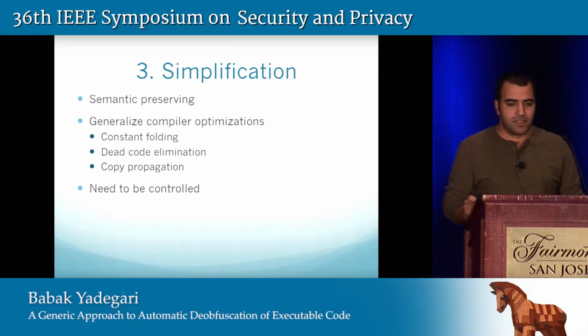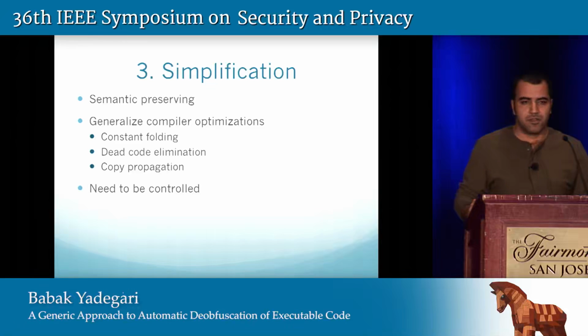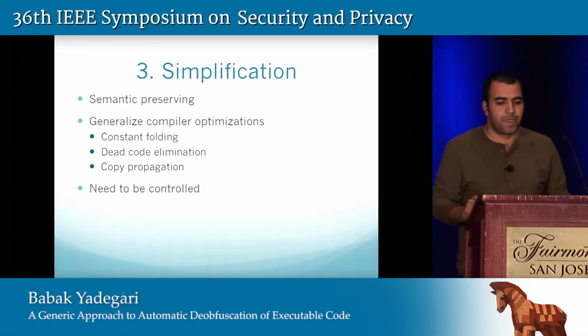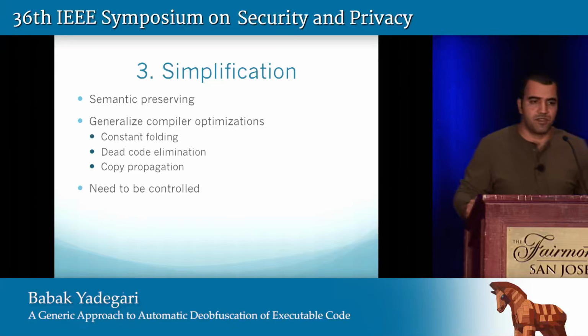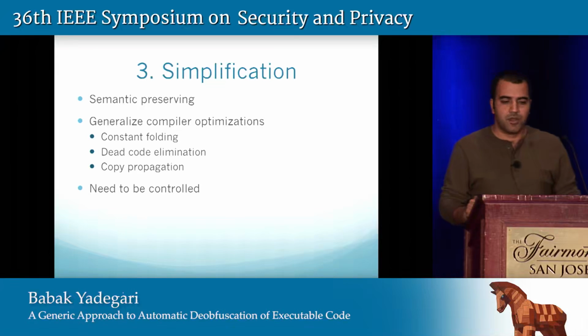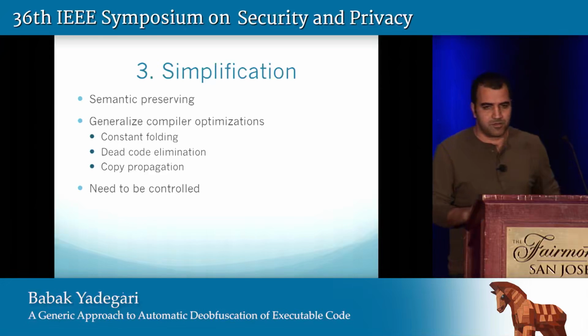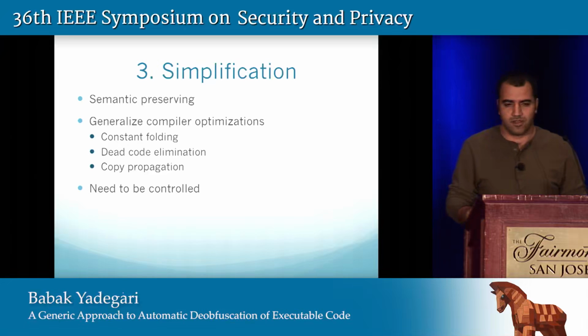They are generally compiler optimizations such as constant propagation, dead code elimination, copy propagation, etc. And these transformations need to be controlled. As I said, we need to keep the things that are significant in the program. So we need to be careful that we don't simplify those computations away.